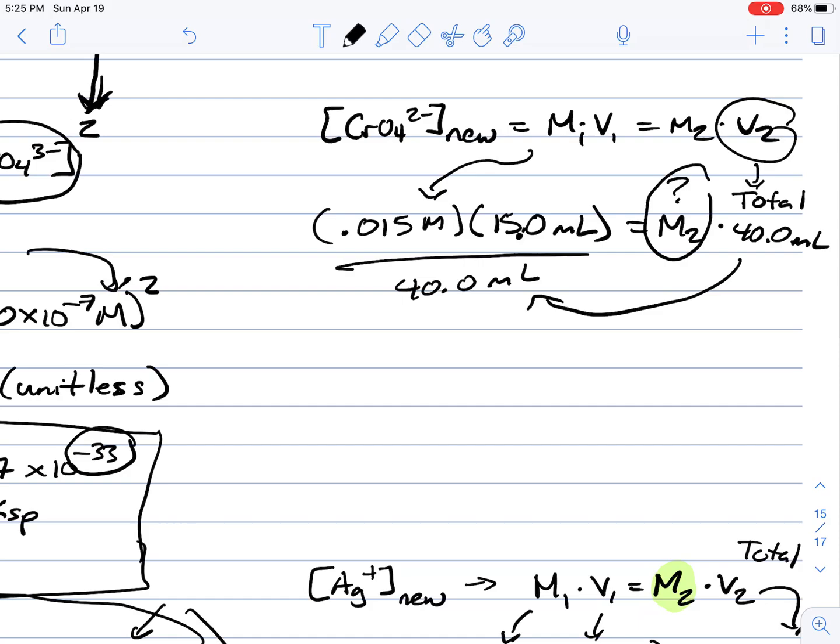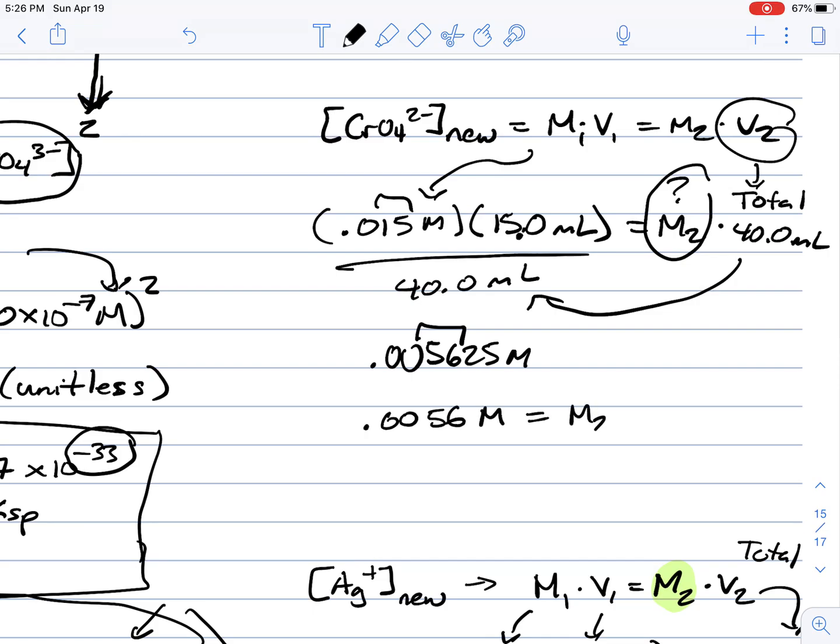So I'm going to take 0.015, multiply that by 15. That's going to give me 0.225. And if I divide that by 40, that's going to give me 0.005625 molar. And since my least number of sig figs is 2, I'm just going to keep my first 2 sig figs. So it's 0.0056 molar.